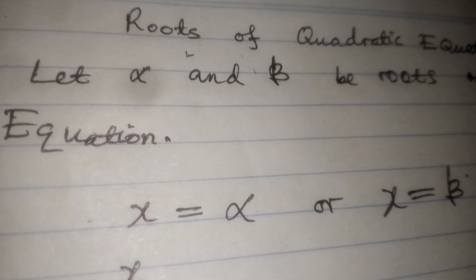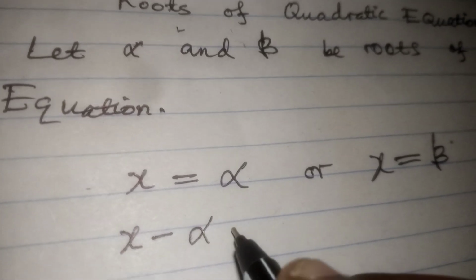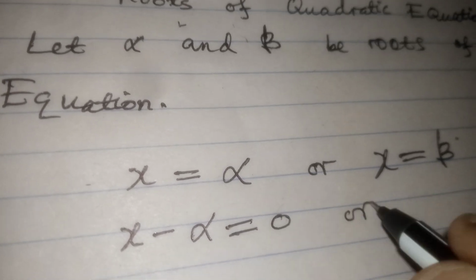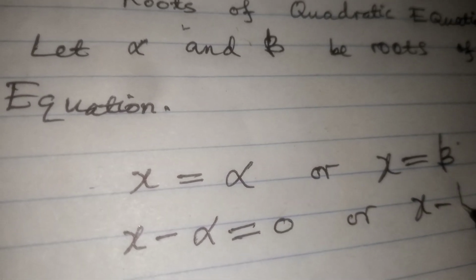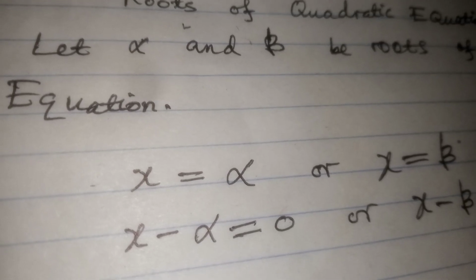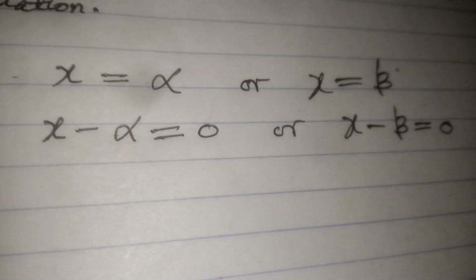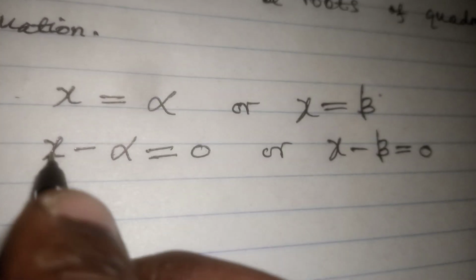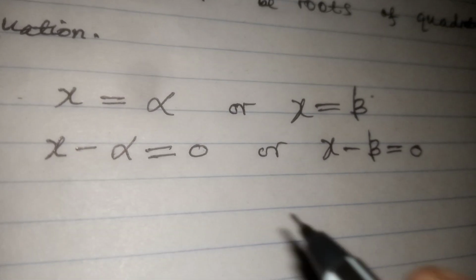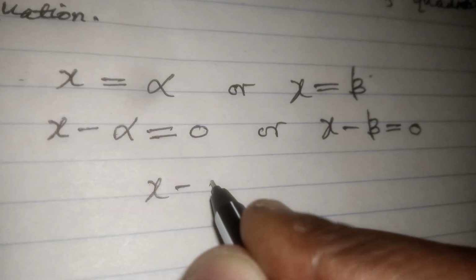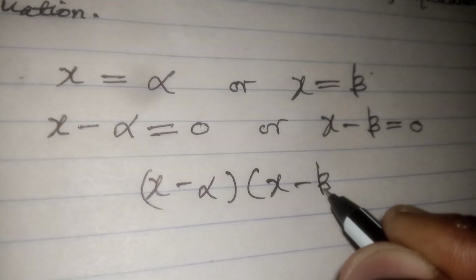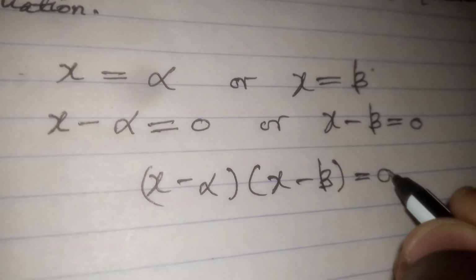So x minus alpha is equal to 0 or x minus beta is equal to 0. Then after that, these equations come from x minus alpha times x minus beta, which is equal to 0.